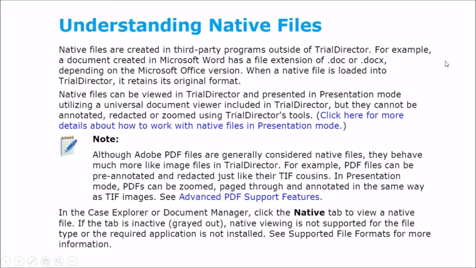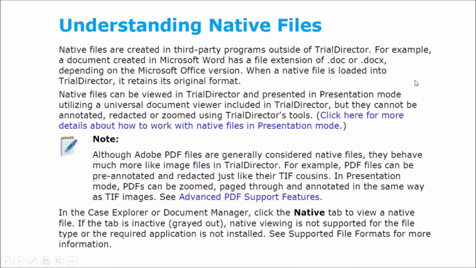So understanding native files. Now, native files are created like in Word, Excel. That's a special format that normally only these particular programs can read properly. So when a native file is loaded into Trial Director, it retains that original format.